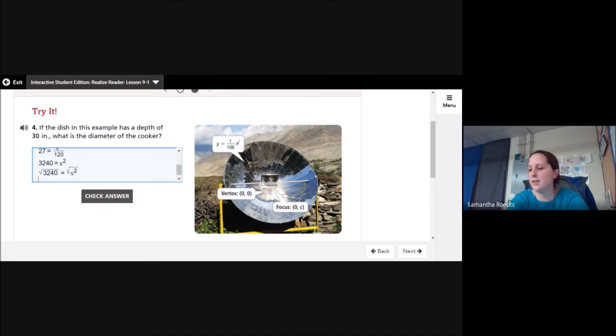This gives me approximately 56.9 equals x, but remember x is the radius, so I need to multiply by 2. So when I do that, 2 times 56.9 gives me approximately 113.8 inches.